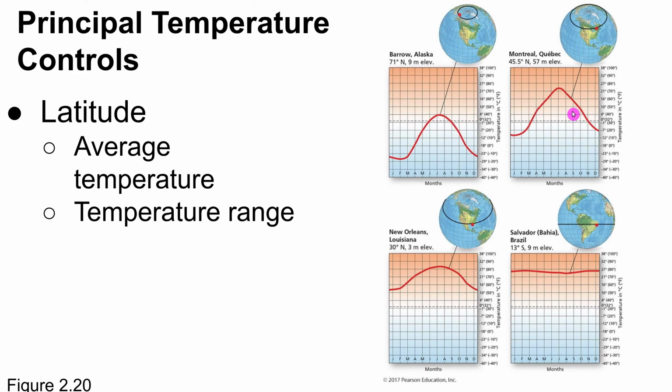In Montreal, Quebec at 45 north, the average is still lower and the range is still higher. Barrow, Alaska, the average is lower and the range looks about the same. So as you get away from the equator, the average temperature gets lower and the range gets higher.